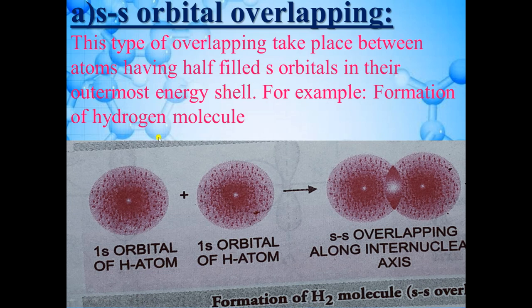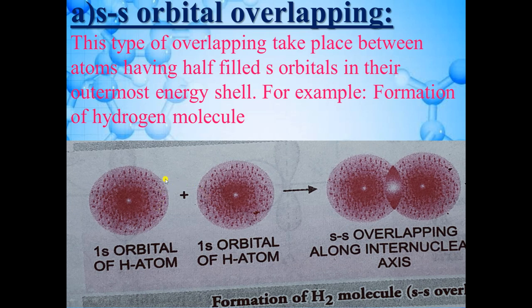For example, the formation of the hydrogen molecule. A sigma bond is formed by overlapping of s orbitals. When a hydrogen atom combines with another hydrogen atom, in the hydrogen atom the electron is filled in the 1s orbital. So this is the 1s orbital and 1 electron is present here. This is also a hydrogen atom, and this is its 1s orbital, so 1 electron is present here.